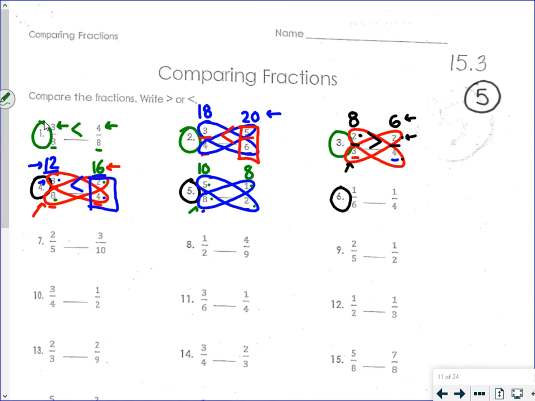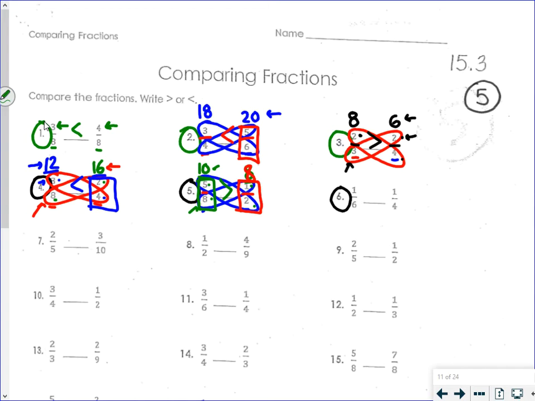So now I check which one's greater, 10 or 8, because 10 belongs to 5/8 and 8 belongs to 1/2. Okay. So green is more than red in this case, right? 10 is more than 8. So I'm going to write that.